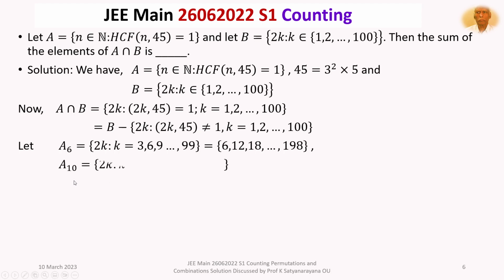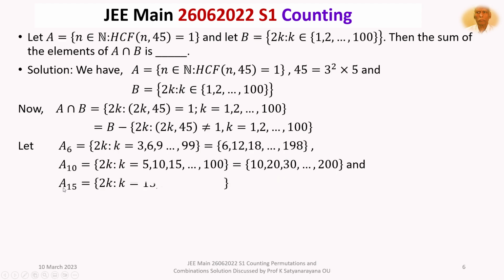Now, let A10 be equal to 2k, k equal to 5, 10, 15 up to 100. Then the set is the set consisting of 10, 20, 30, etc. up to 200. And if you take any element of A10, take its HCF with 45, then you get the GCD as 5 or 15.